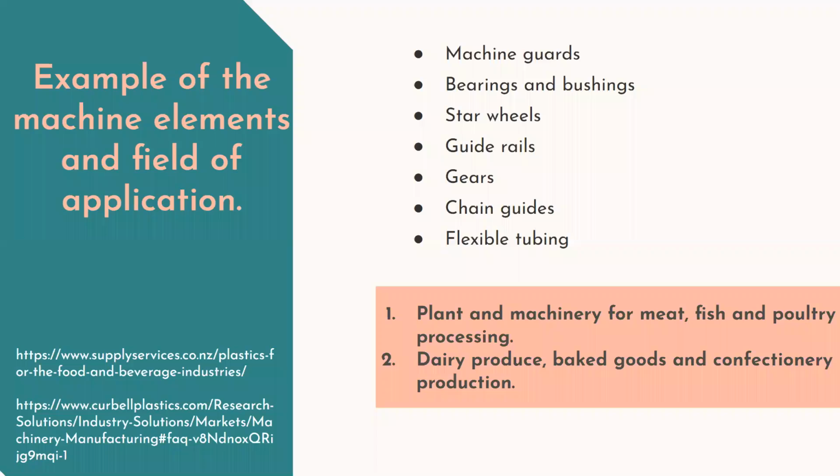So these are the examples of the machine elements and field of application. Machine guards, bearings and bushings, star wheels, guide rails, gears, chain guides, and also flexible tubing. And the field of application is plant and machinery for meat, fish, and poultry processing, dairy produce, baked goods, and confectionery production. Next.